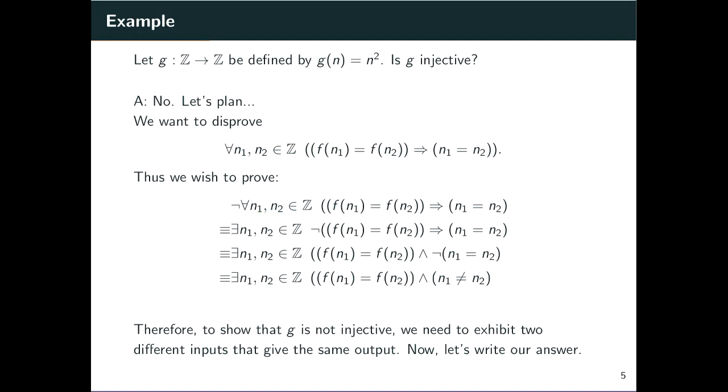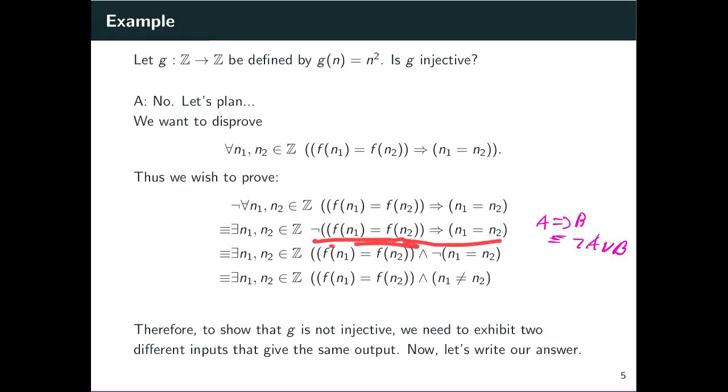So the negation of this whole statement that we have is equivalent to, instead of for all, we take there exists, and we bring the negation on the inside. And then the next step, since an implication, if you have something like A implies B, is logically equivalent to not A or B, that's the intermediate step inside here.